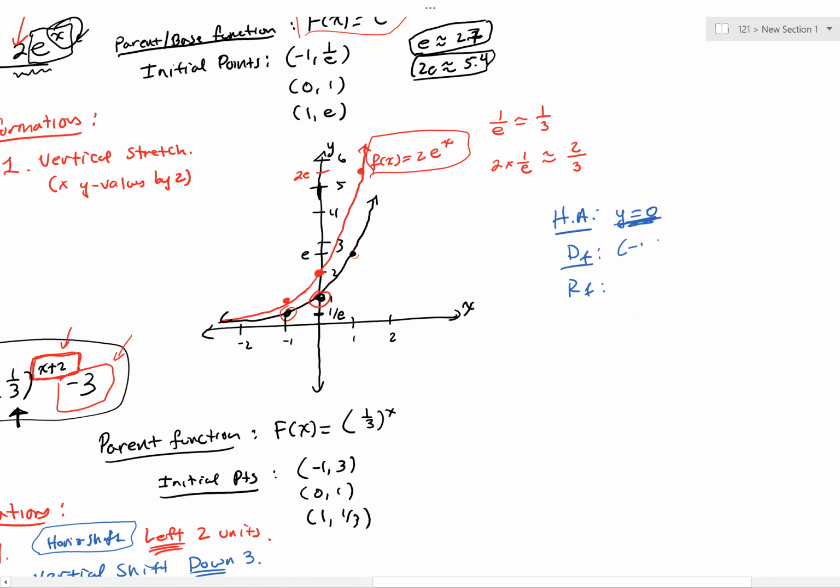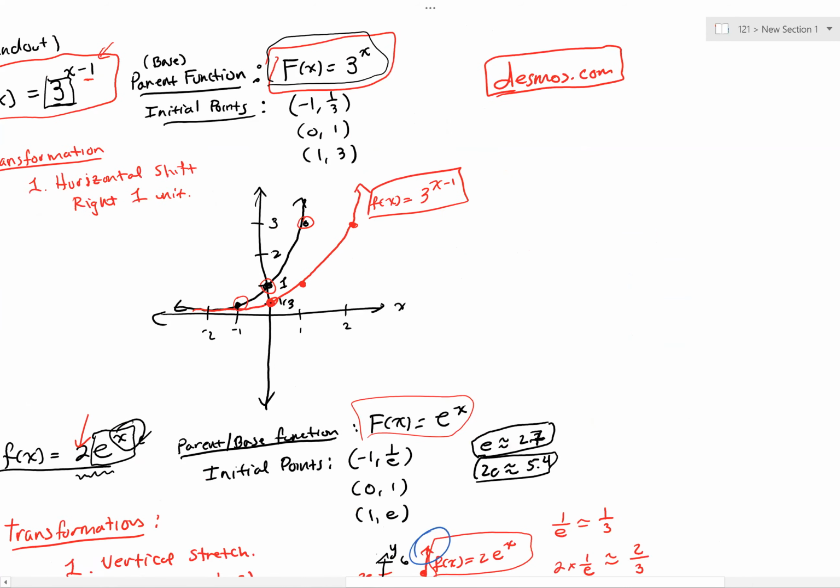The domain, no change there, everything. And because there's no vertical shift, the range of f is not going to change. The lowest this function gets is as close to 0 as you want, but never getting there. But the highest it gets knows no bounds. So the range of f is still 0 to infinity.